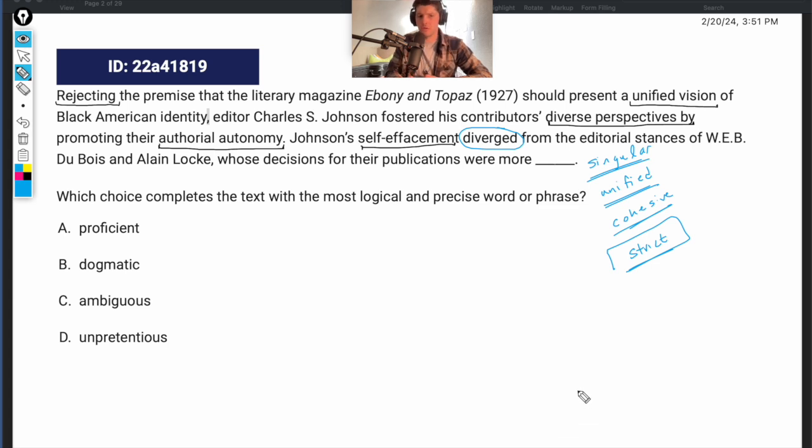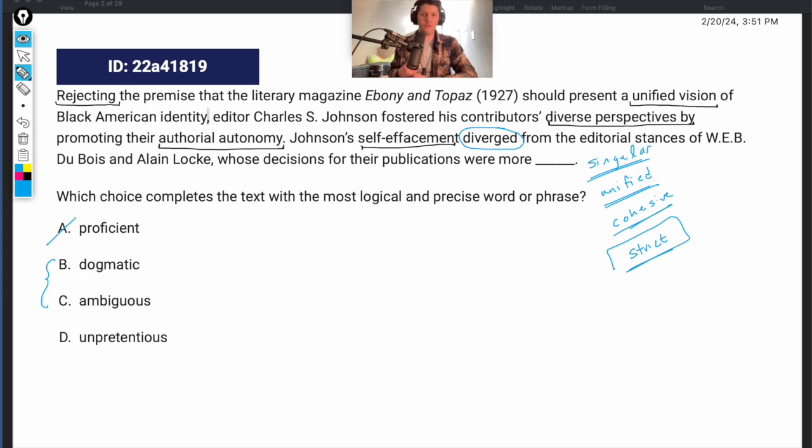Okay, so now I look through my answer choices. Again, we don't have to know all of them, but let's talk about some ones that we do know. Perhaps we know what proficient means. Skillful, right? Done at an acceptably high level, acceptably skillful, right? Most of my students might struggle with one or both of these two words, but most of my students will have seen the word pretentious, right?